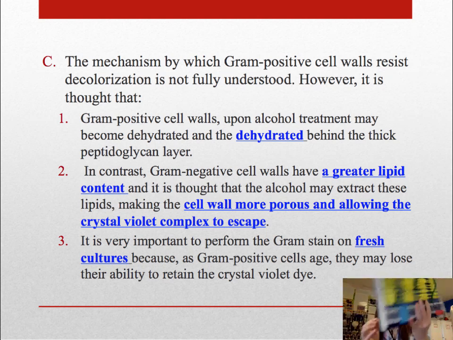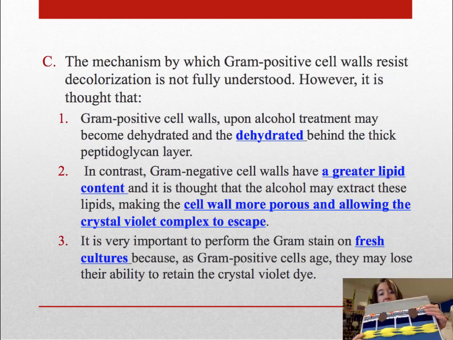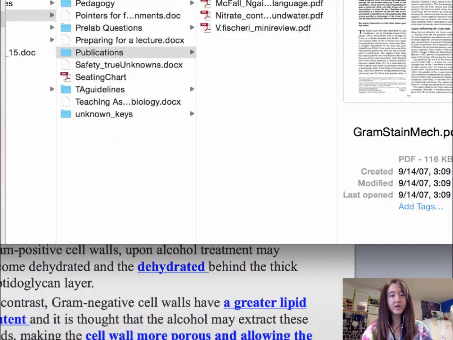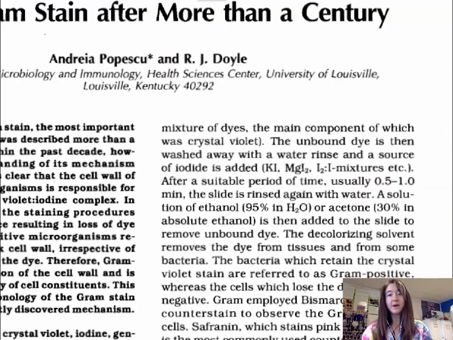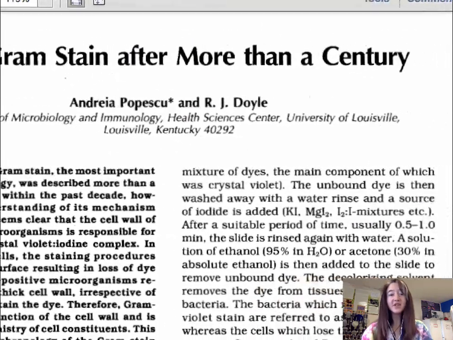It has to do with the thick peptidoglycan layer versus the high lipid content of the gram-negative cell. But it's fascinating that it was over a century after Christian Gram that we began to understand the mechanism of the gram stain. And in fact, there's a publication that I want to show you that's entitled "The Gram Stain After More Than a Century."